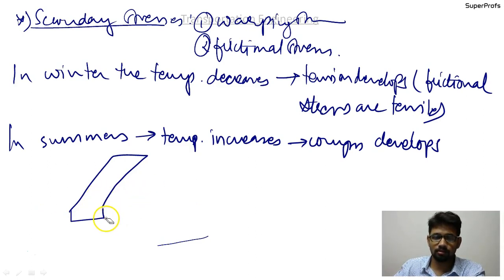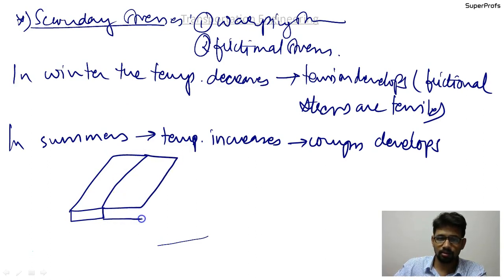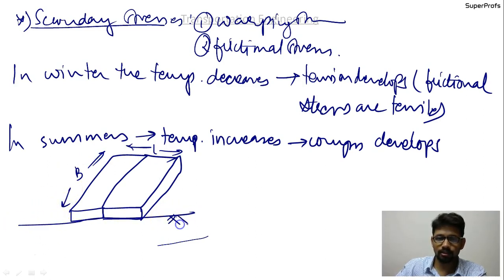And this is the other side. This is length L, I am just showing, and this is B, and it is resting on the ground. There is weight W acting like this.